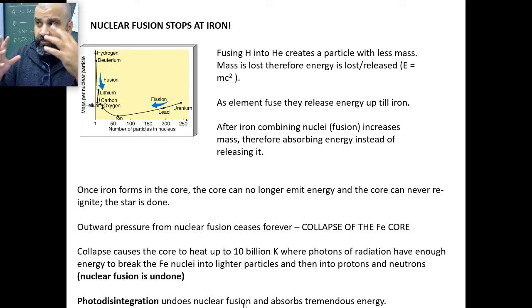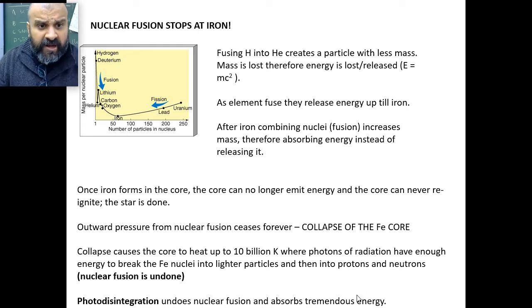So we no longer have atoms at the core of the star. The iron core collapsed and became so hot that the heat destroyed all the atoms that were in that iron core. So we no longer have an element at the core. We've got subatomic particles. But this point is important. Photodisintegration undoes the nuclear fusion and absorbs a lot of energy.